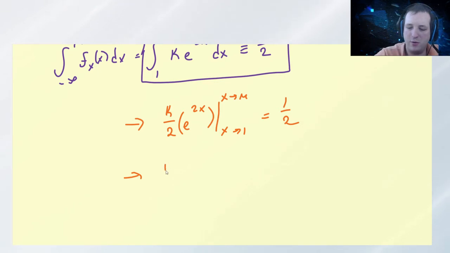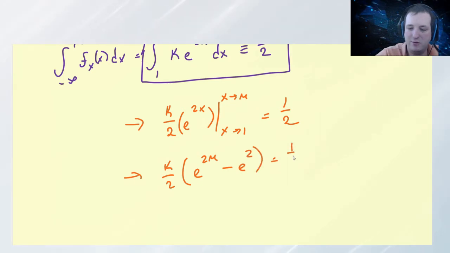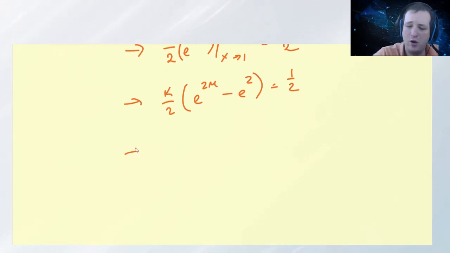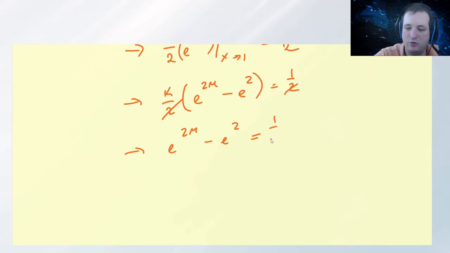Once we do that, we're going to have k over 2 times e to the 2m minus e squared. That's going to be equal to 1/2. We're going to multiply both sides by 2, so that turns that into 1, and then we're going to divide both sides by k. So we have e to the 2m minus e squared is going to be equal to 1 over k. Let's add e squared to both sides of the equation.